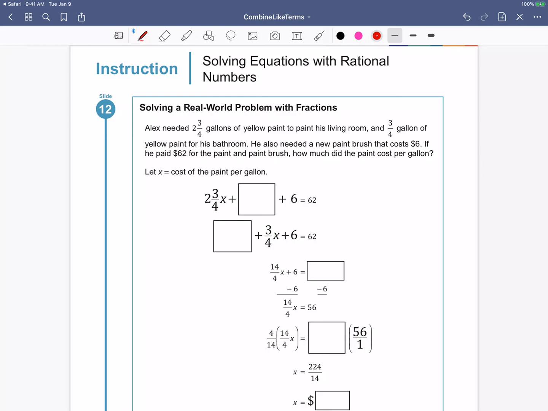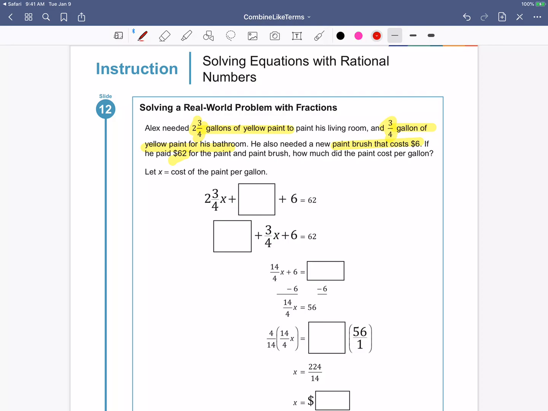Let x equal the cost of the paint per gallon. Okay, so let me take my highlighter. 2 3/4 gallons of yellow paint and 3/4 gallon of yellow paint. Paintbrush that cost $6 and he paid $62.